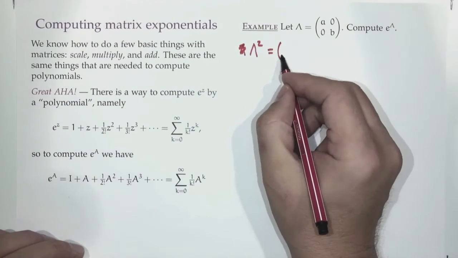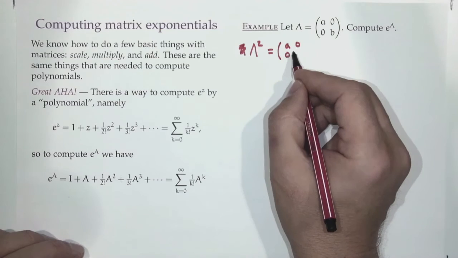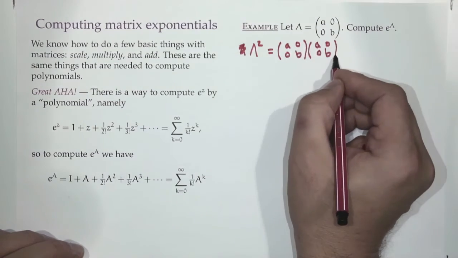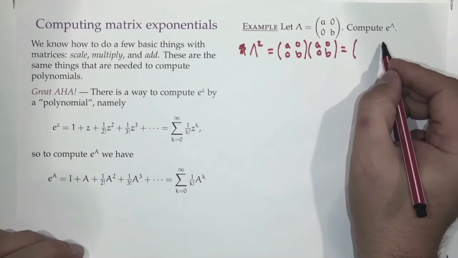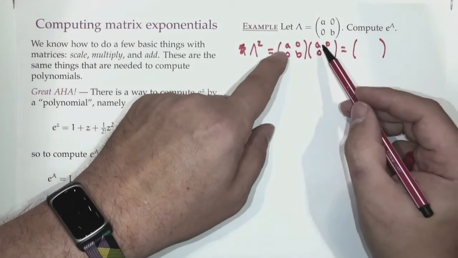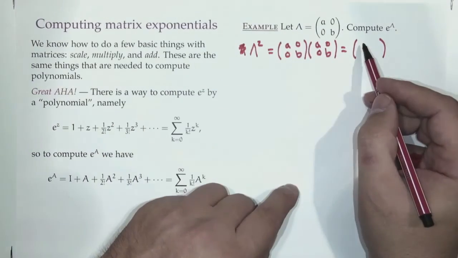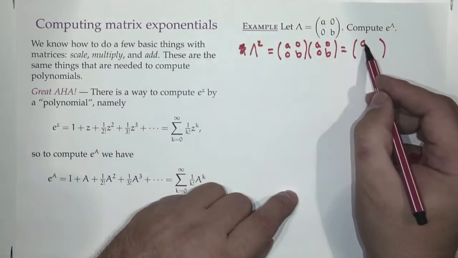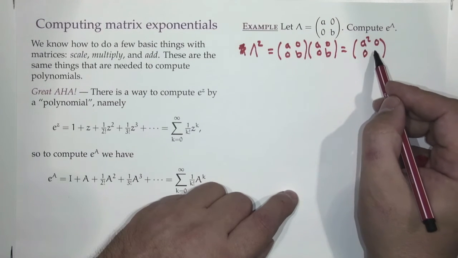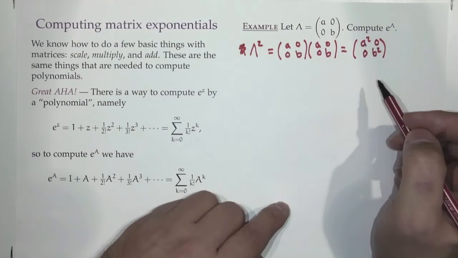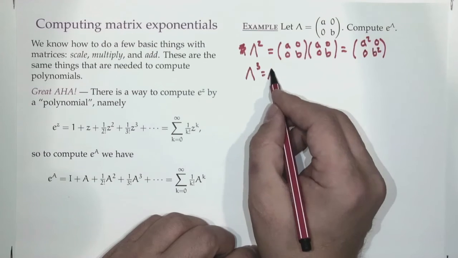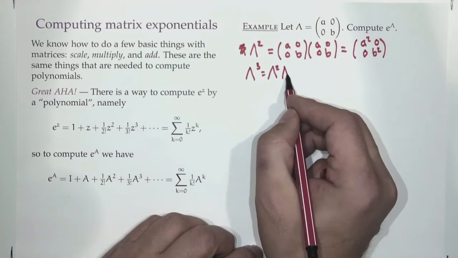All right, so if I take lambda, a, 0, 0, b, and multiply it by itself, what does that look like? First entry, next entry, next entry, next entry: a squared, 0, 0, b squared. Oh, that's very convenient. How about lambda cubed, which is really like lambda squared times lambda?